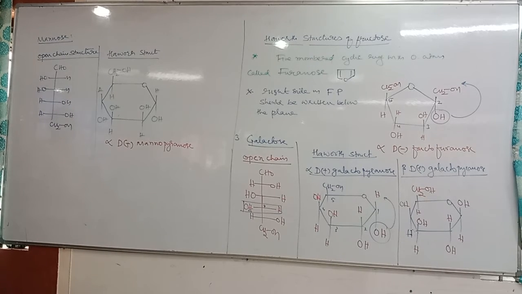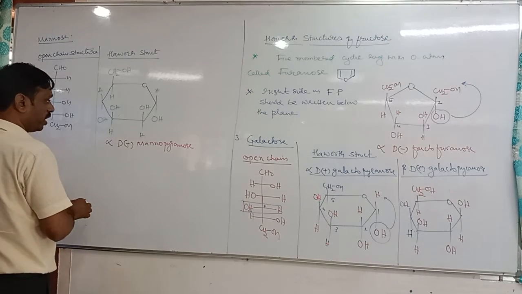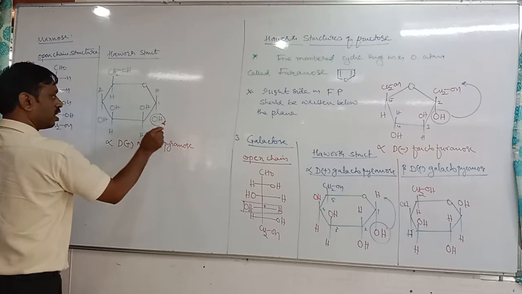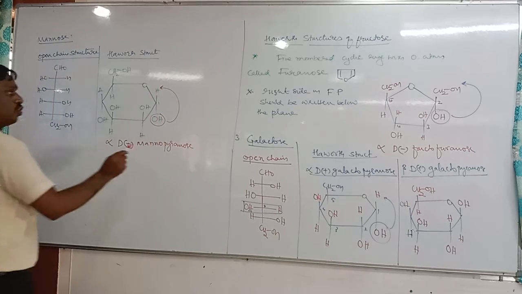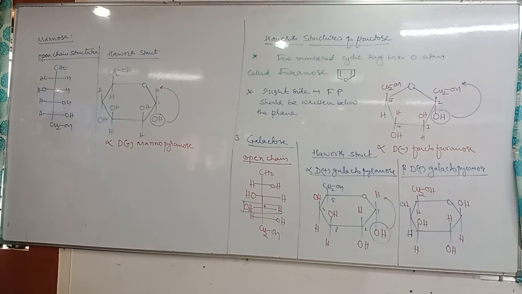It is a mannopyranose, alpha. Will you draw the beta? So the first carbon's OH group and H group interchange, and we will get the beta.